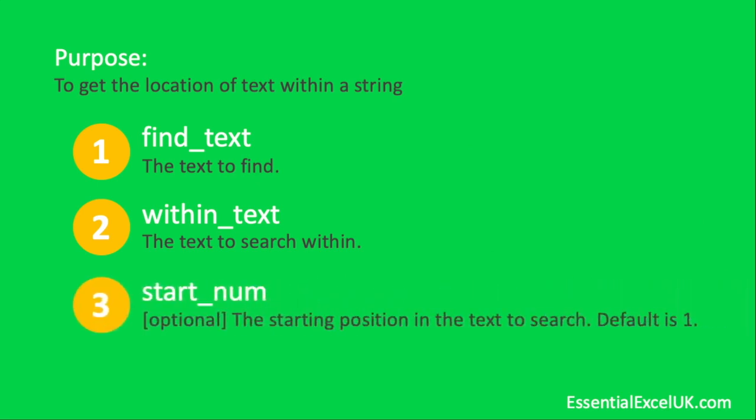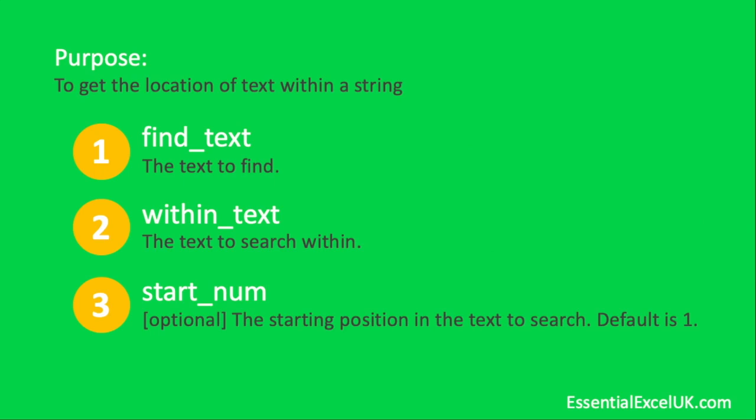And the third point we have here is the start number. This is optional. It's the starting position in the text to search, and the default value is number 1 if we don't enter a value. The reason you might want to change this is for many scenarios. You could want to start at the beginning, the middle, or a later point in your text string.